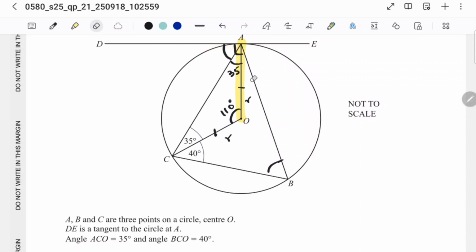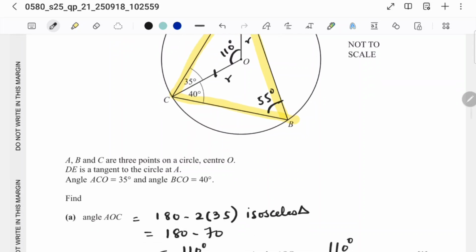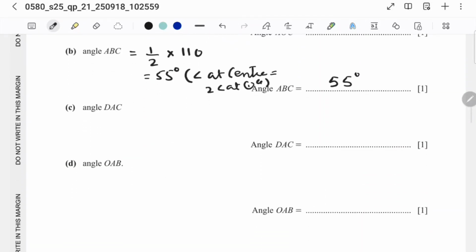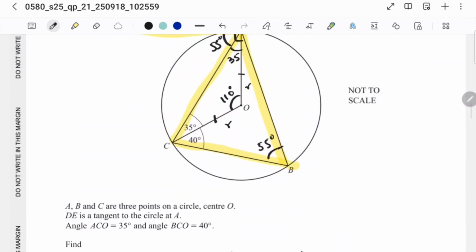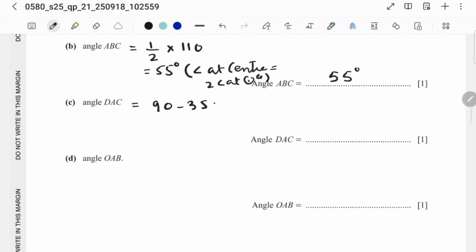You can do the question in the same way. You just take this angle, and they are alternate segments. If this is 55, this is also equal to 55. Either you can do 90 minus 35, it was 35, yes, which is equal to 55 degrees.